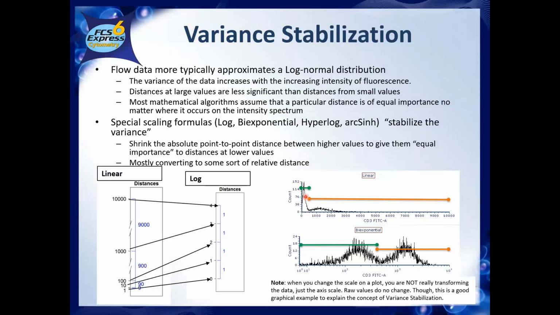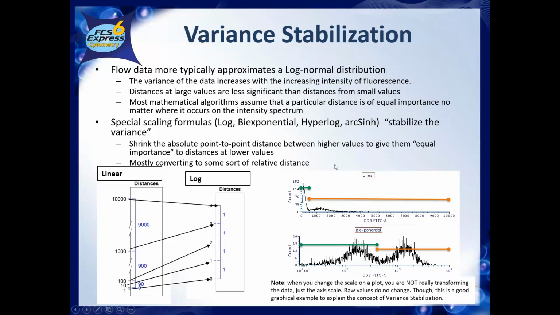This is the positive peak, here on the left, and then you have the negative peak, which is much broader. In this case, you can clearly see that distances at large values are less significant than distances at smaller values. This is why we usually apply a log or biexponential scale to our plots, in order to make those two peaks, the positive and the negative, more homogeneous and more comparable.